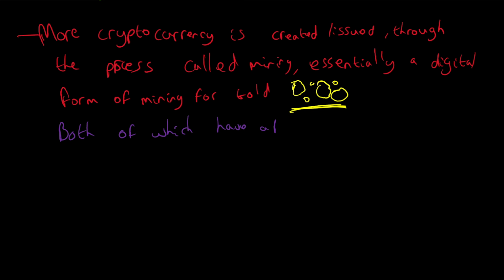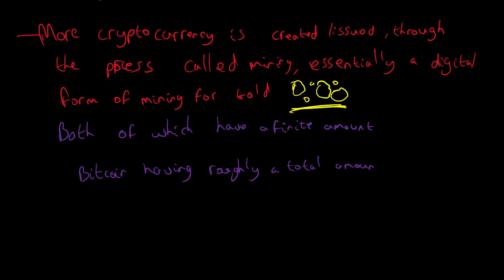Both of which have a finite amount, with Bitcoin having roughly a total amount of 21 million, but the currency, Bitcoin, can be split into smaller denominations.